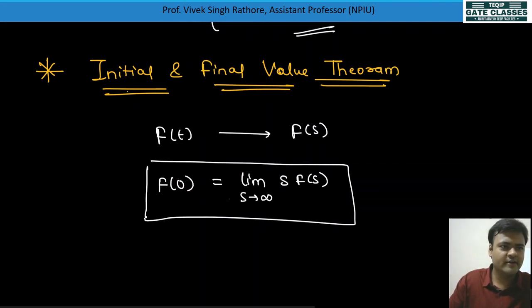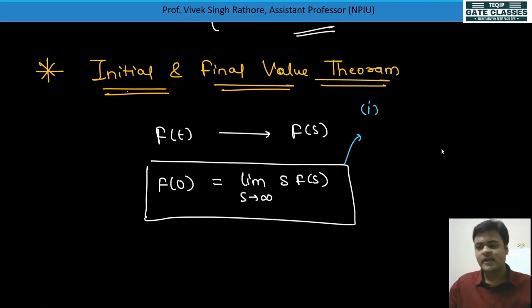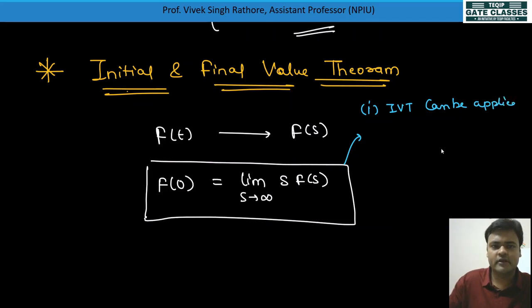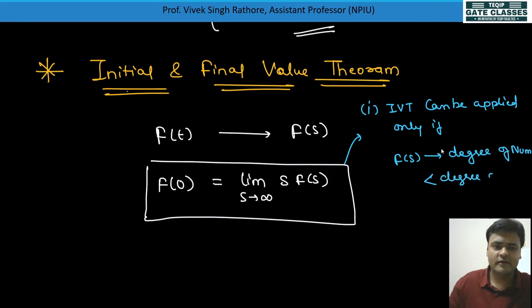First of all, you need to understand for which conditions this formula can be satisfied. The first condition is that the initial value theorem can be applied only if f of s is given and its degree of numerator is less than degree of denominator.